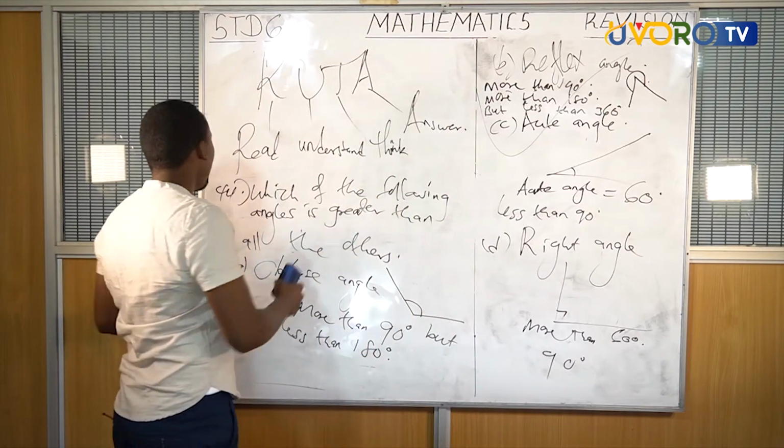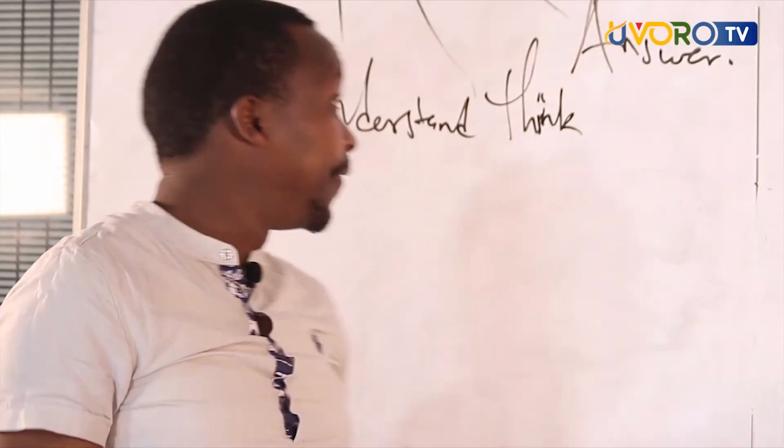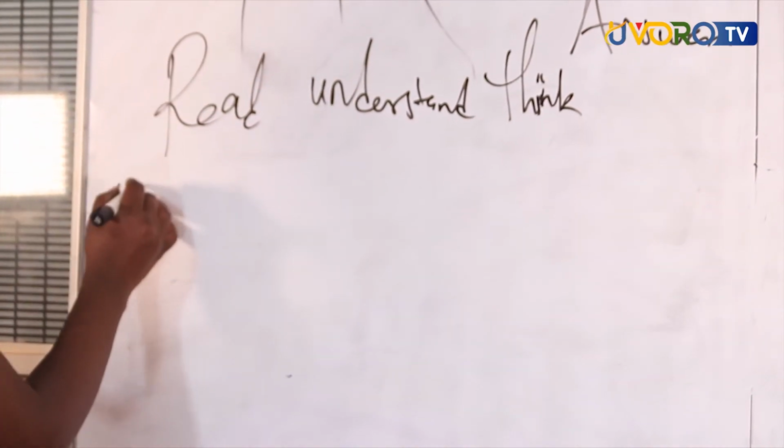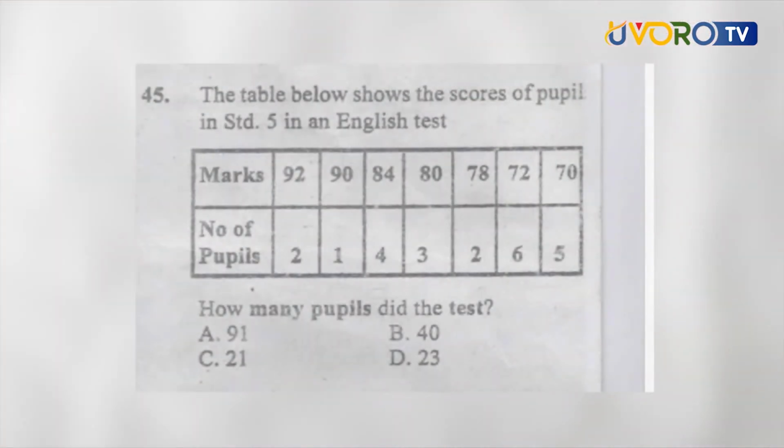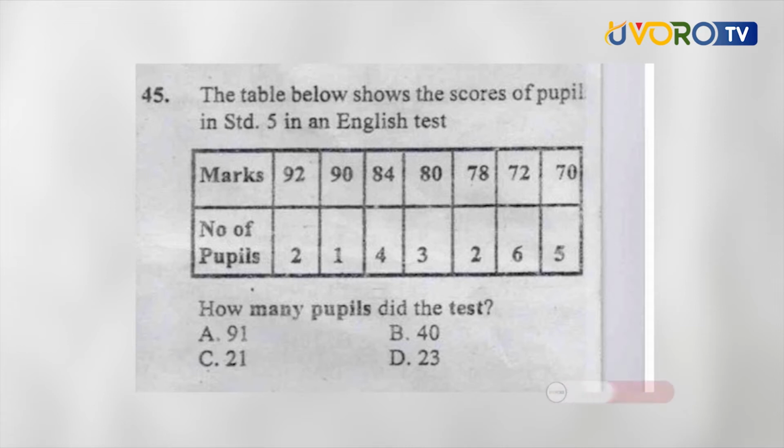Question number 45. You are told that the table shows the scores of pupils in standard 5 in an English test.